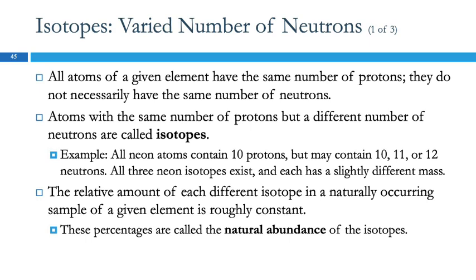So atoms of the same element that have the same number of protons, different numbers of neutrons, are called isotopes. So using neon as an example, all neon atoms have 10 protons, but some of them have 10 neutrons, some have 11, and some have 12 neutrons.